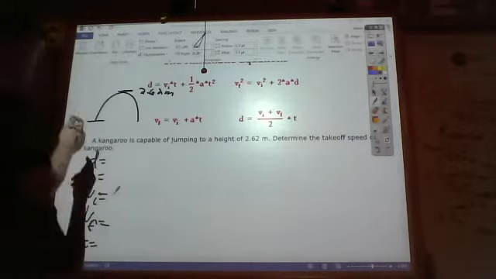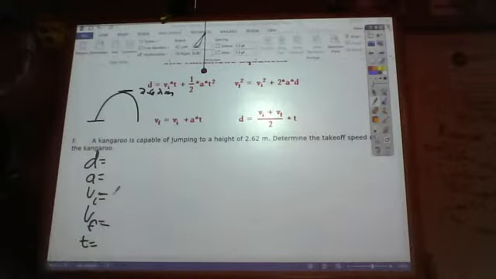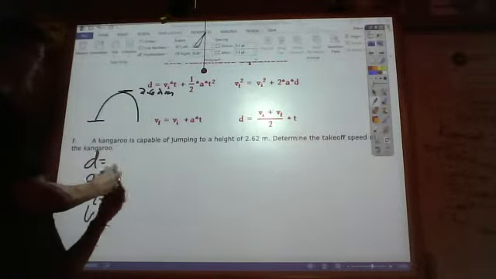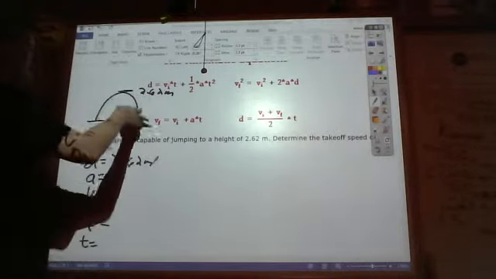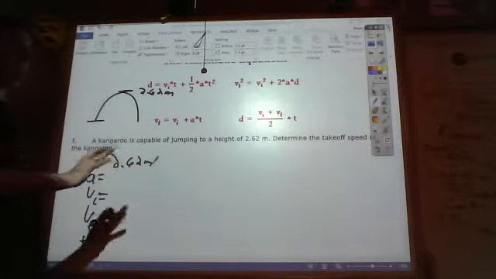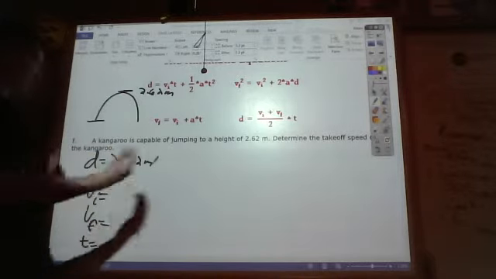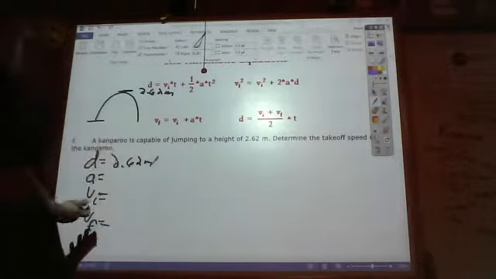So the distance, the only thing they gave me is a height. So I'm going to fill that in. Okay, I know that ultimately he jumps up and he jumps back down. We can do a hang time. No, they don't give me that information. I don't have time. I wish I knew a hang time. If I knew a hang time, it would be easier, but I don't.